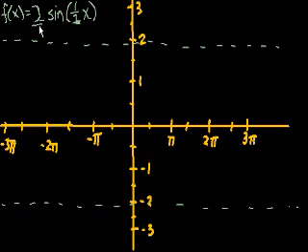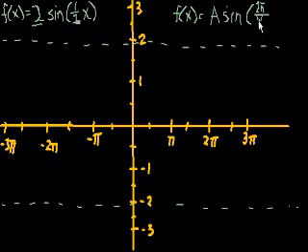And I'll give you a little formula here that the function is equal to the amplitude times, let's say, sine, but it would also work with cosine. The amplitude of the function times sine of 2 pi divided by the period of the function times x.